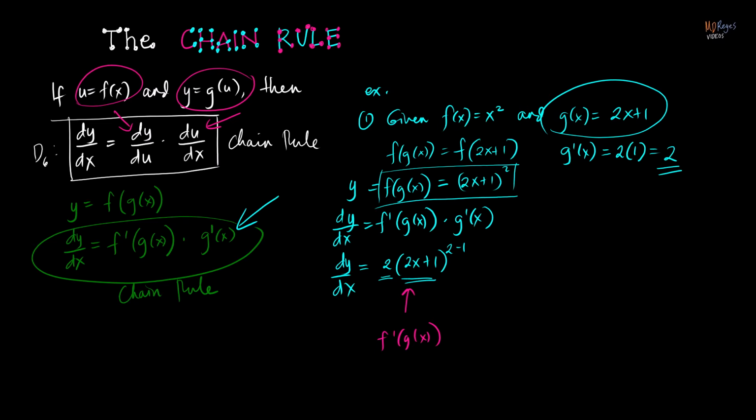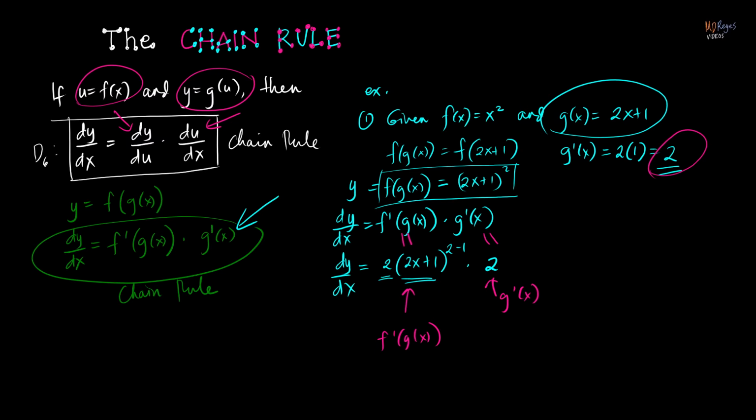So f prime of g of x is equal to 2 times 2x plus 1 raised to 2 minus 1. Now, what about g prime of x? G prime of x, as what we have obtained, is equal to 2, okay, times 2. So this part is g prime of x.